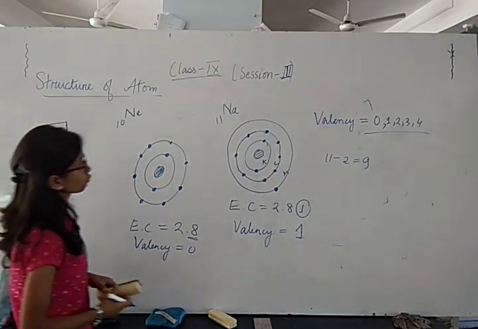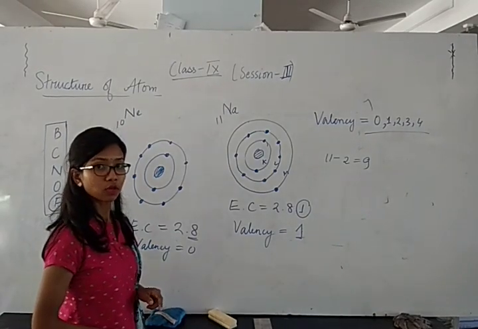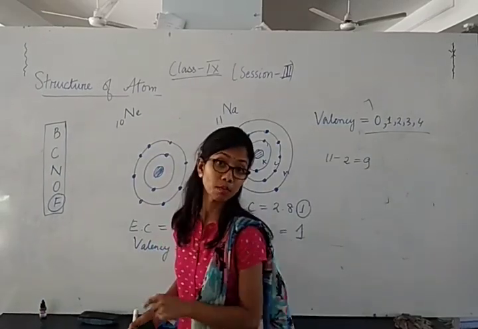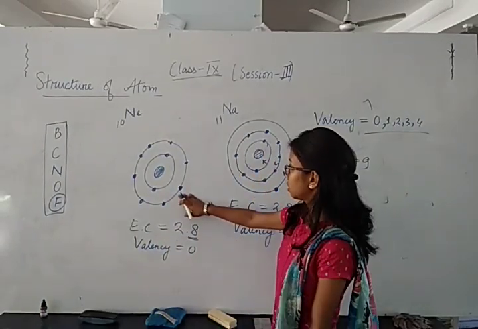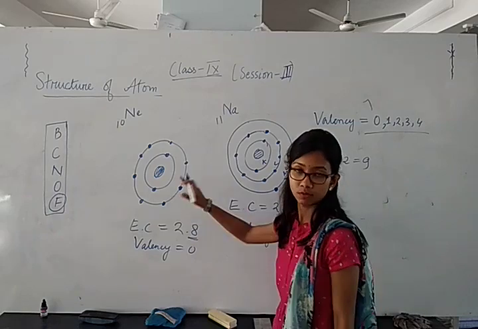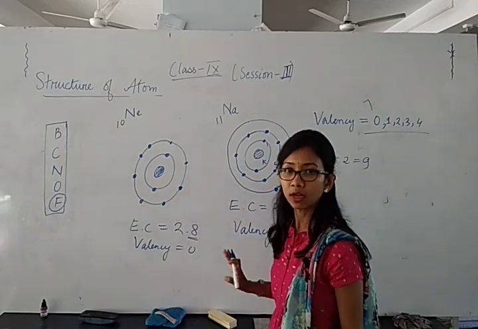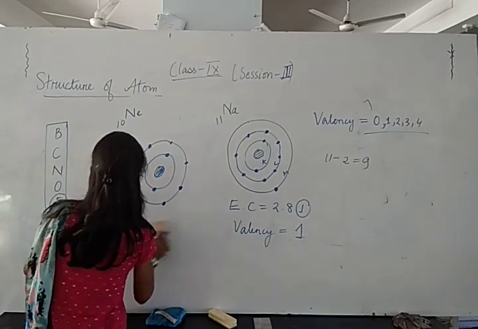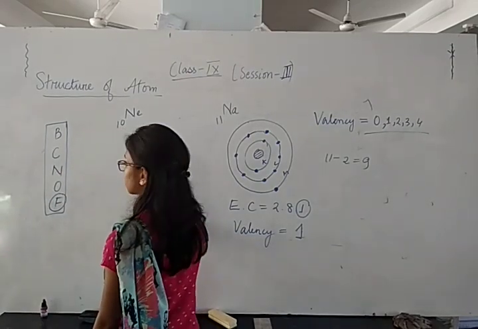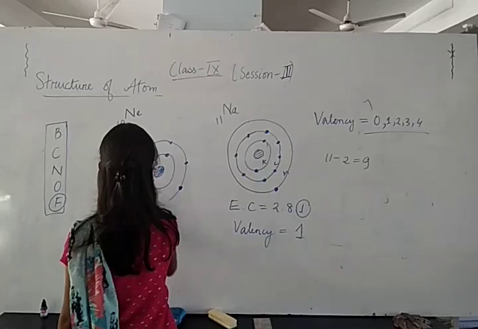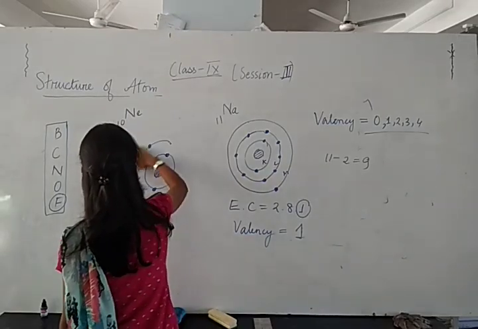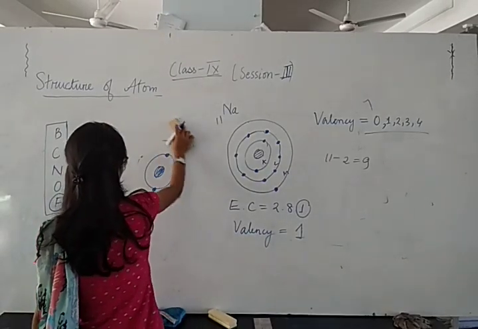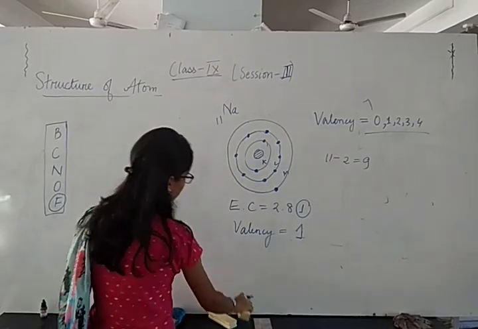Okay, one thing I have to explain, that is the valency. How do we calculate the valency when the number of electrons is more than 4 in the outermost orbit? For carbon and fluorine, I am giving you the structure. Otherwise, you will not understand what valency is and how you have to calculate it.